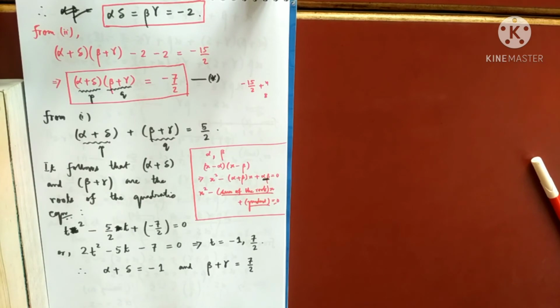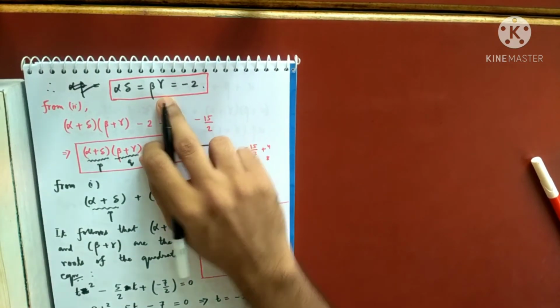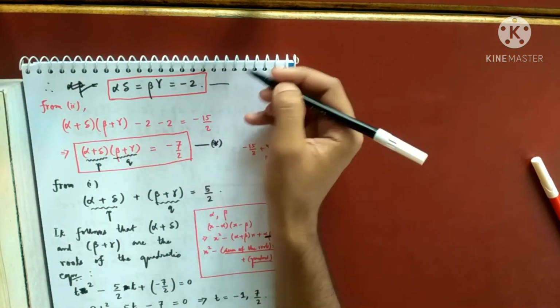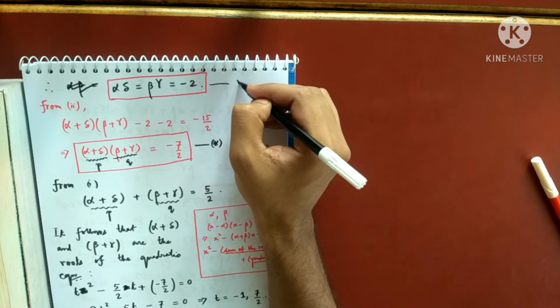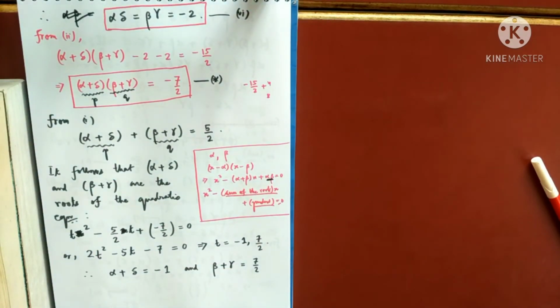Now you interestingly see here. Suppose this is equation number 6. What I have from 6: alpha into delta is minus 2, as well as beta into gamma is minus 2.